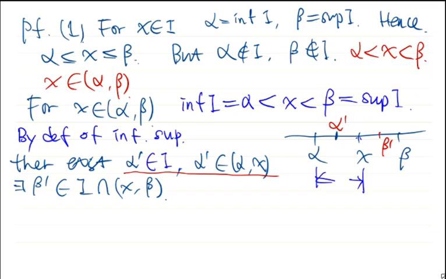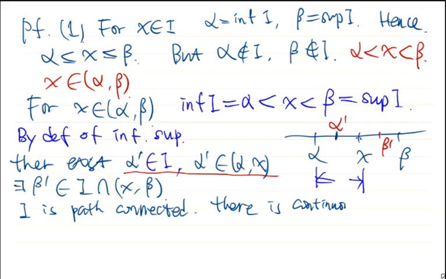Okay. Now our I is path connected. Therefore, by definition, there is a continuous map denoted by gamma from [0, 1] to our I, such that this is a path in I. This gamma is a parameterized path in our set I, with endpoints alpha prime and beta prime.